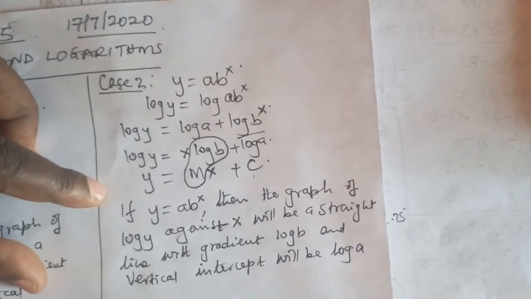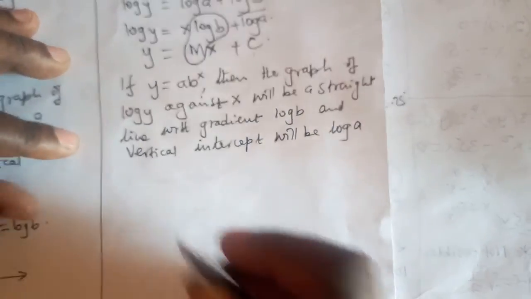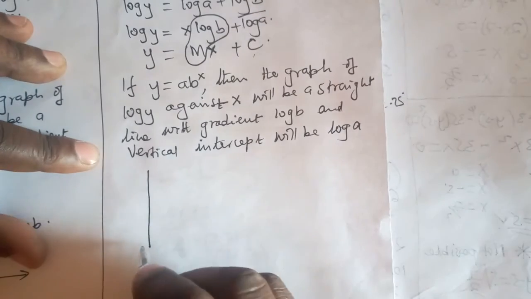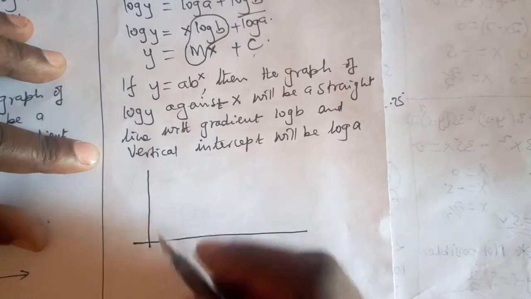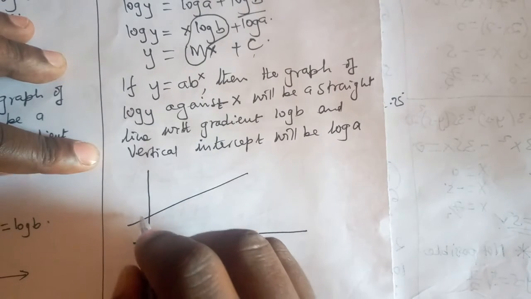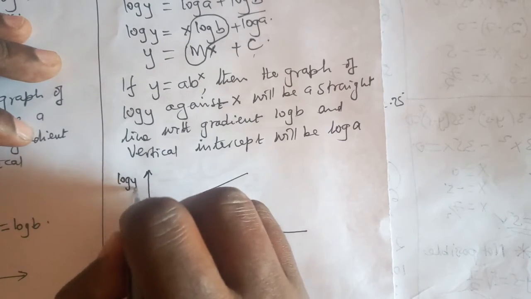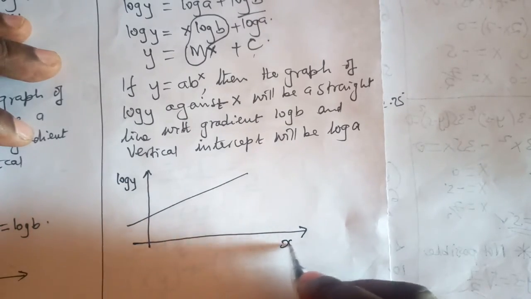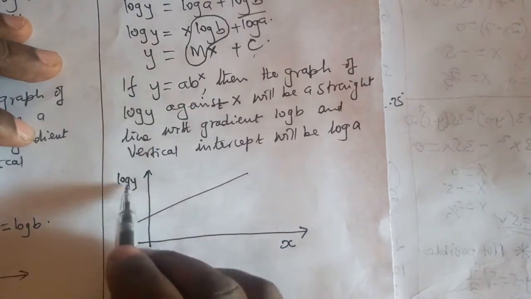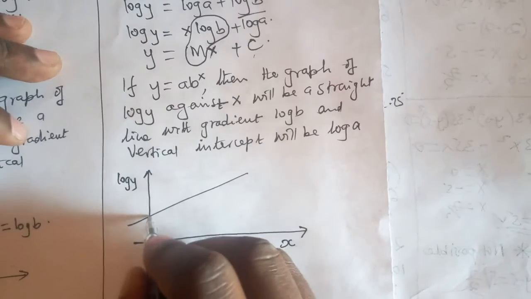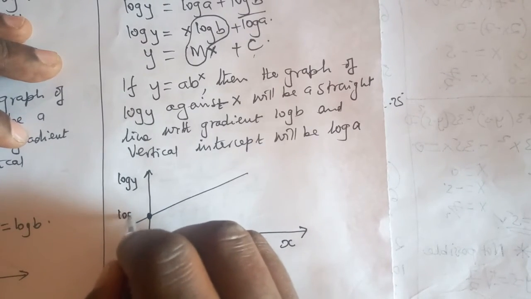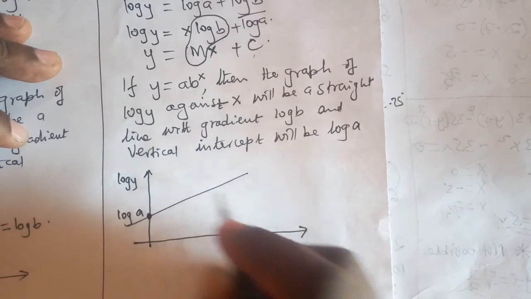Well, you can just sketch a small graph here to illustrate what is going to happen. This is the y-axis, log y. This is the x-axis. The graph is log y against x, and this particular point is going to be log a.